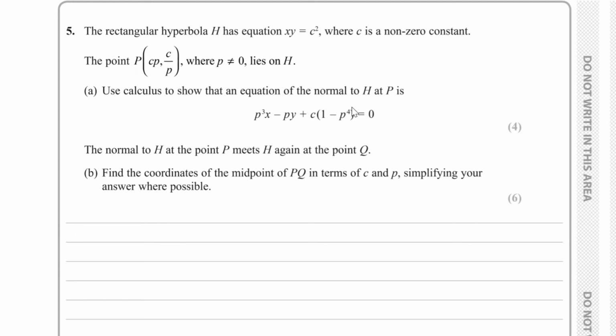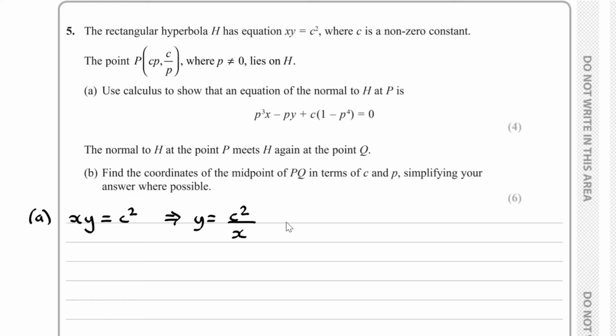Well, first of all, with this equation here, we can rearrange that equation as follows. So far we have xy equals c squared, which if we rearrange that equation, you'd find y to equal c squared over x.